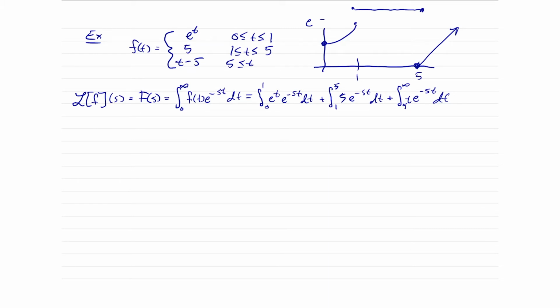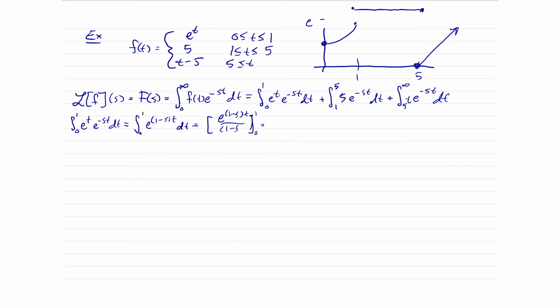For the first one, we have the integral from 0 to 1 of e to the t times e to the minus st dt. This gives me the integral from 0 to 1 of e to the 1 minus s t dt. And now we'll just do the integral. This is going to be e to the 1 minus s t divided by 1 minus s, evaluated at 0 and 1.